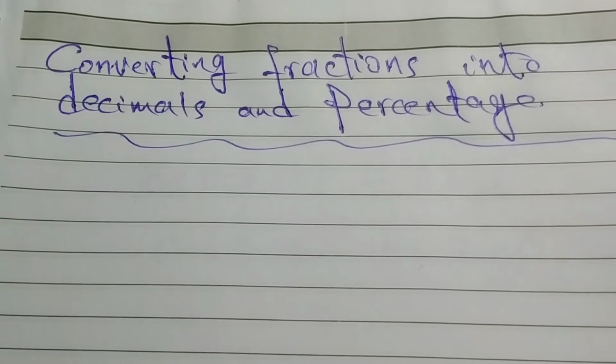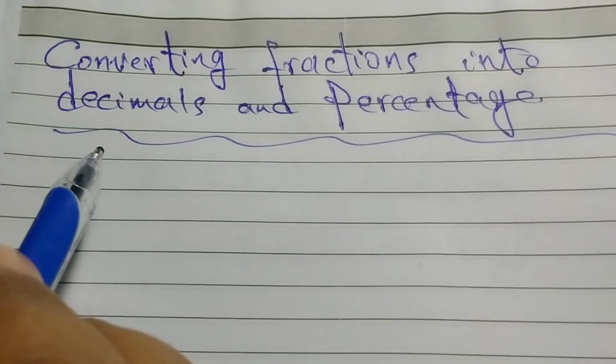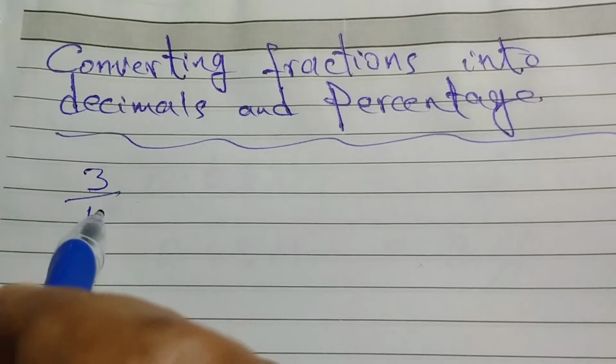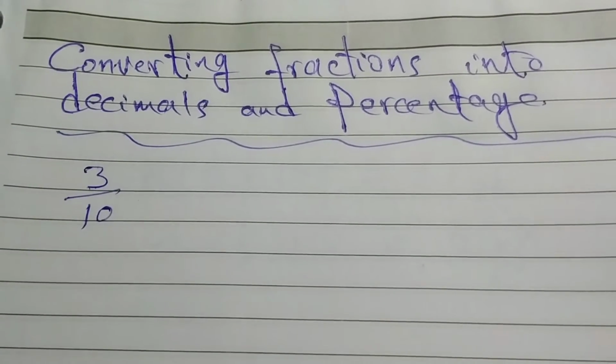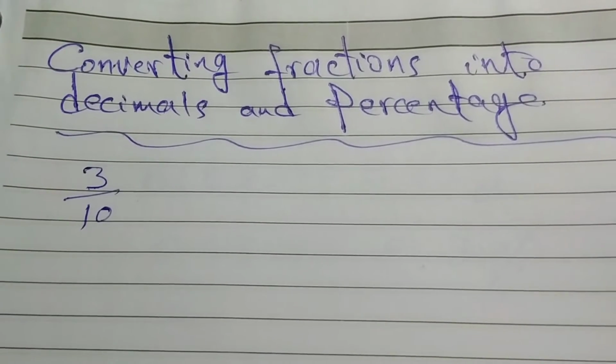So be with me. My dear, I would like to start from a simple example. If the number given is 3 over 10, convert it into a decimal. First we will learn how to convert into decimal, then percentage.